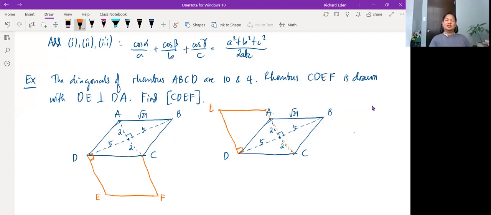So this is E, and then this is F. Why is this longer? Because if you compare, CA is 4, CD is the square root of 29. CD squared is 29, CA squared is 16.